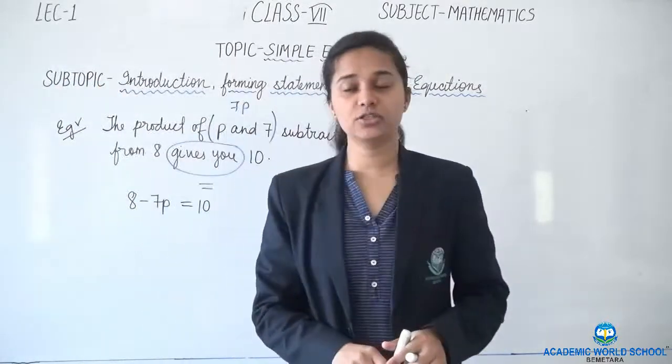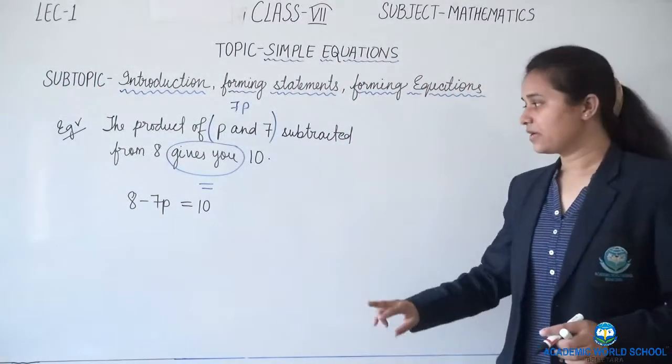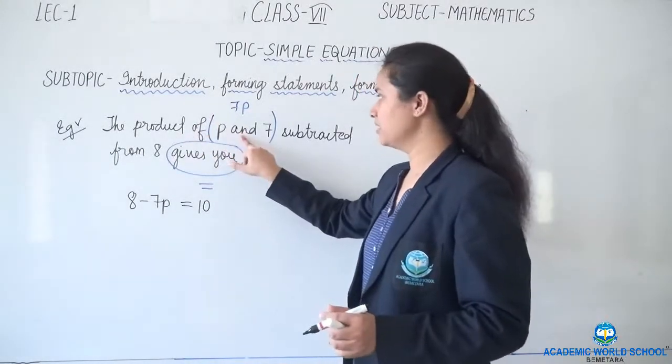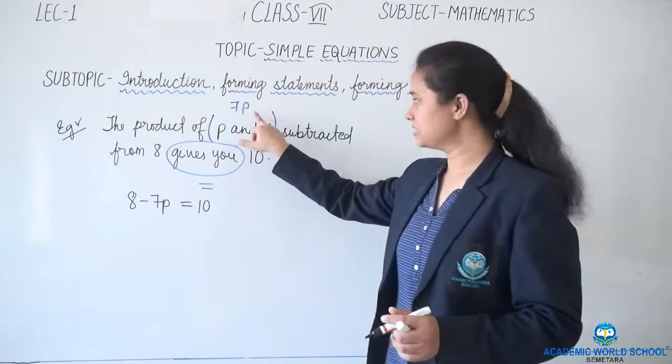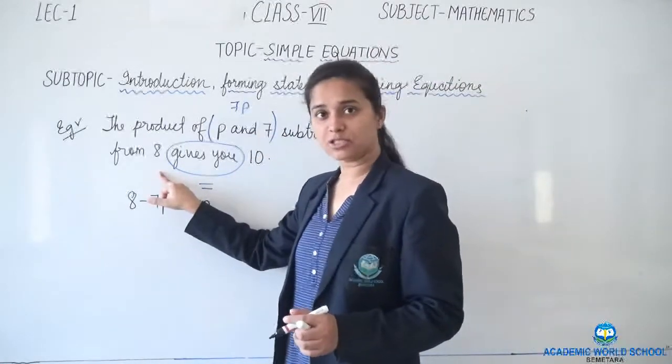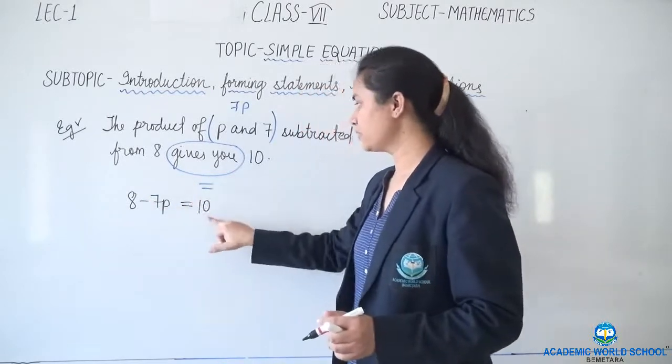Now you can again cross check your statement with the equation you have formed. The product of p and 7 is 7p, subtracted from 8 means 8 minus 7p gives you 10.